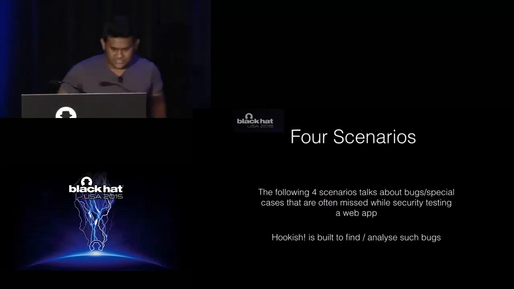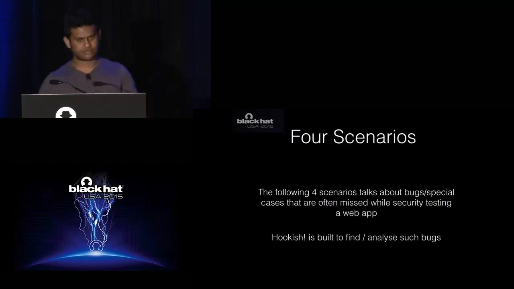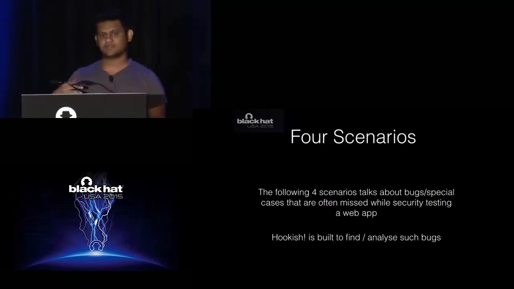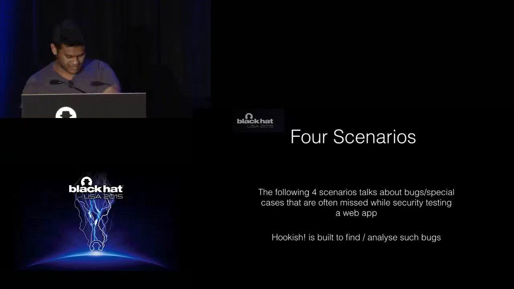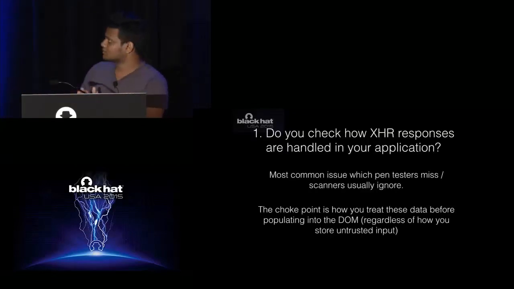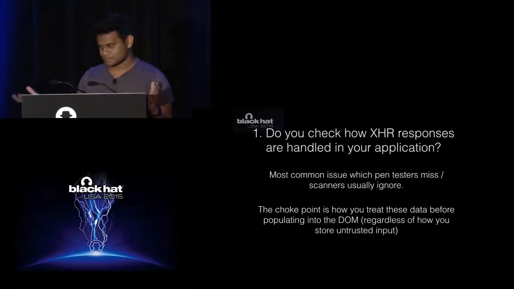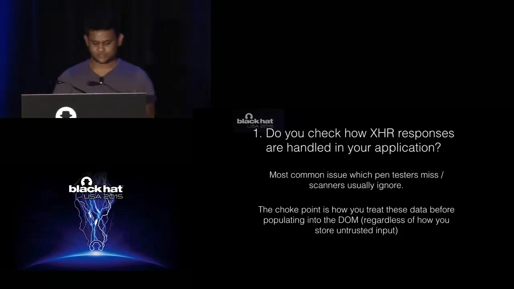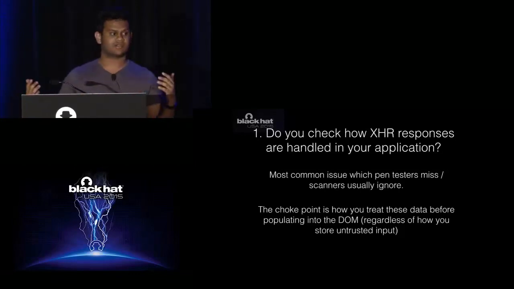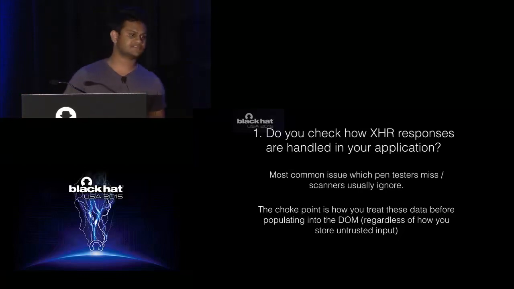So with that being said, I will go through 4 interesting scenarios and use the Hookish tool to find web app bugs. Let me go through that quickly. The first thing, which I already talked about and which most pen testing tools miss, is your XHR's response or your WebSockets response, and how they are being populated into the DOM.